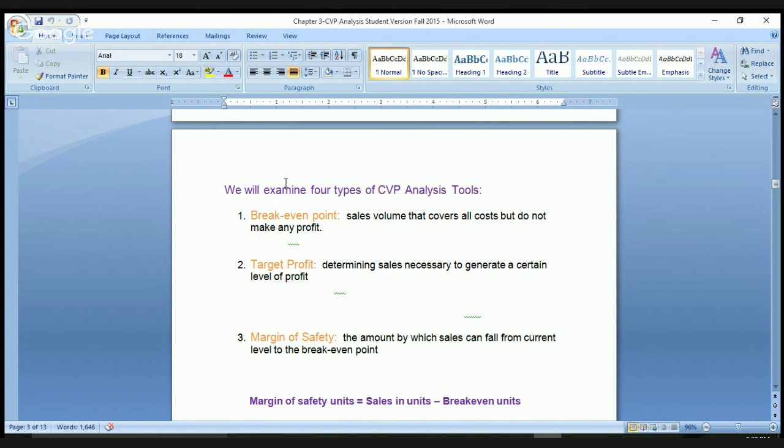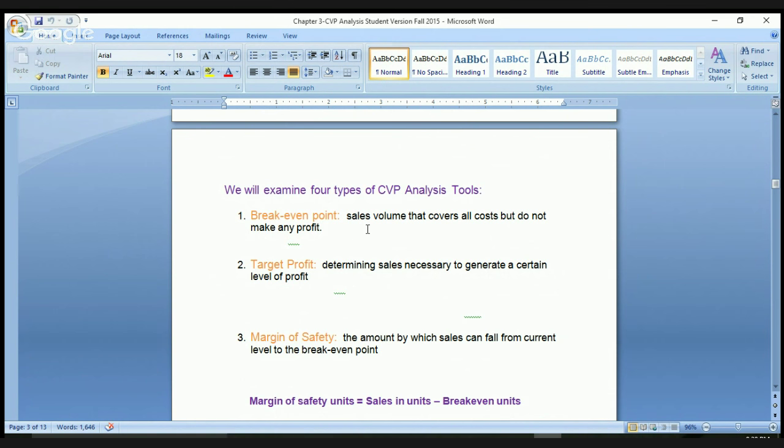Now, when I talk about the break even point, what am I talking about? Basically, the sales volume that covers all costs but does not make a profit. And so, what you're finding out there is you're going to take your revenues minus your variable costs, minus your fixed costs, and that's all going to equal zero. What is the minimum you can make or sell to have no profit, no loss?